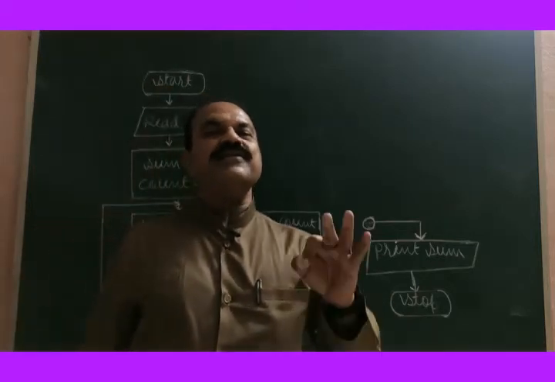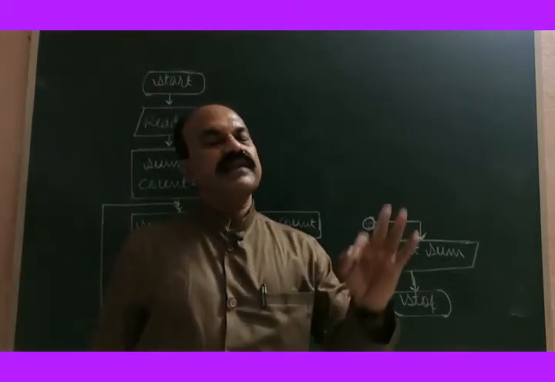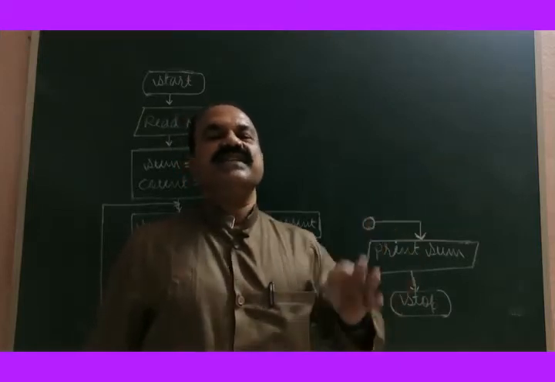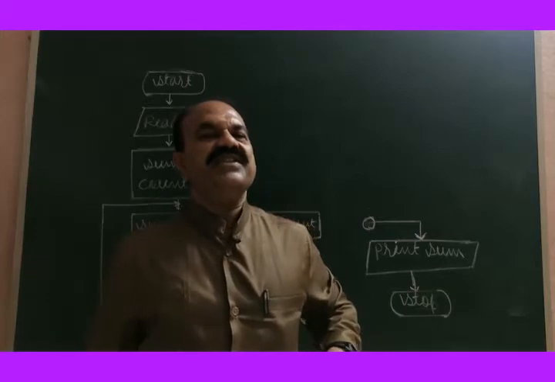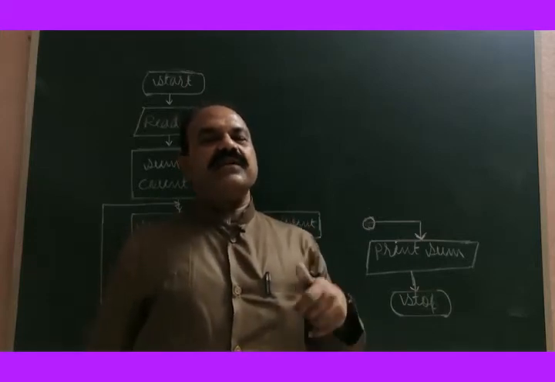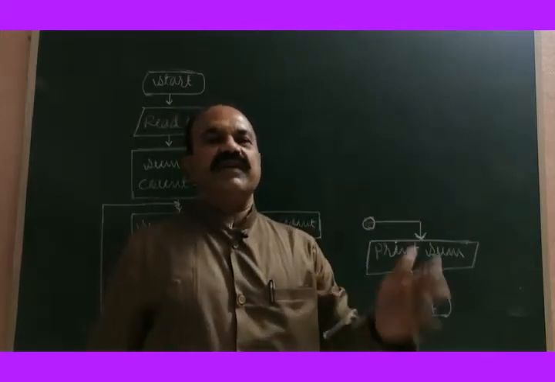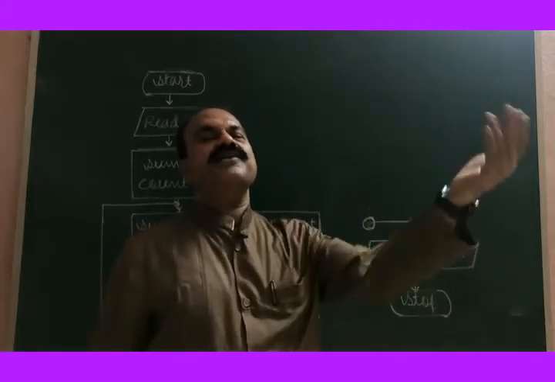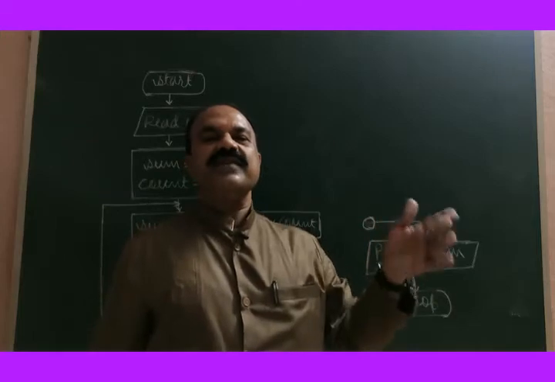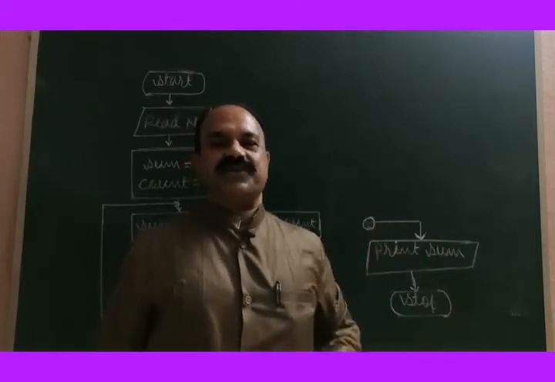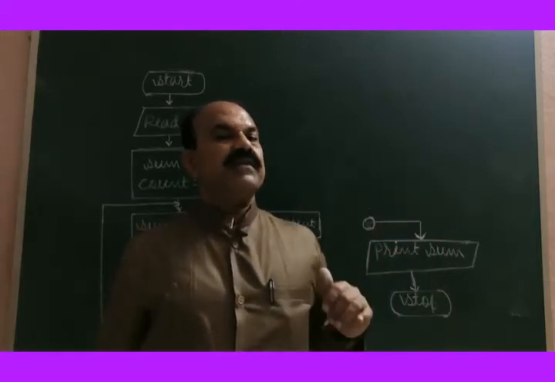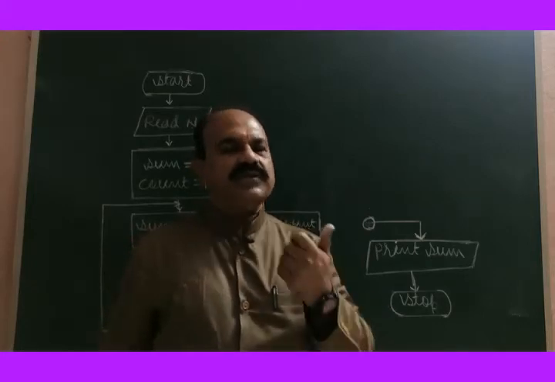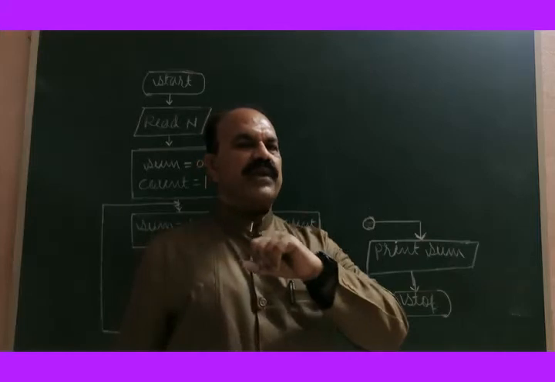You will get the sum of the finite series under consideration. And what is the series? The series is squares of integers: 1 square, 2 square, 3 square, 4 square, 5 square, 6 square and so on. And you have taken the sum of all these terms. This is one example. For your understanding, let me go for one more example.